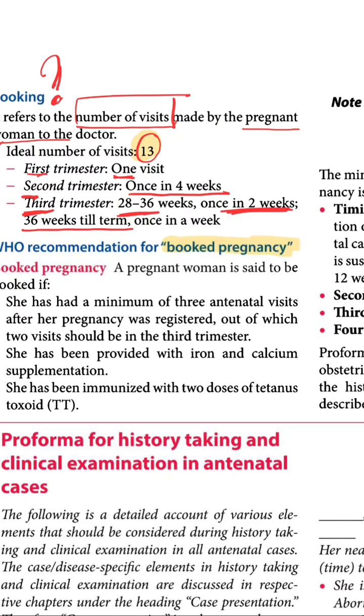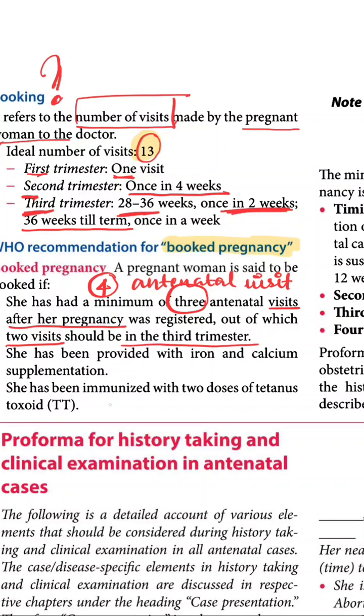A pregnant woman is said to be booked if she has had a minimum of three antenatal visits after her pregnancy was registered, out of which 2 visits should be in the third trimester. Currently they have changed the booked pregnancy definition into 4 antenatal visits, out of which 2 must be in the third trimester.